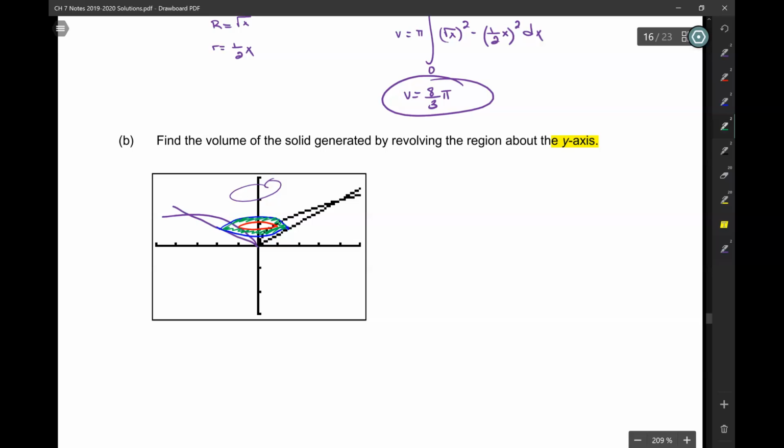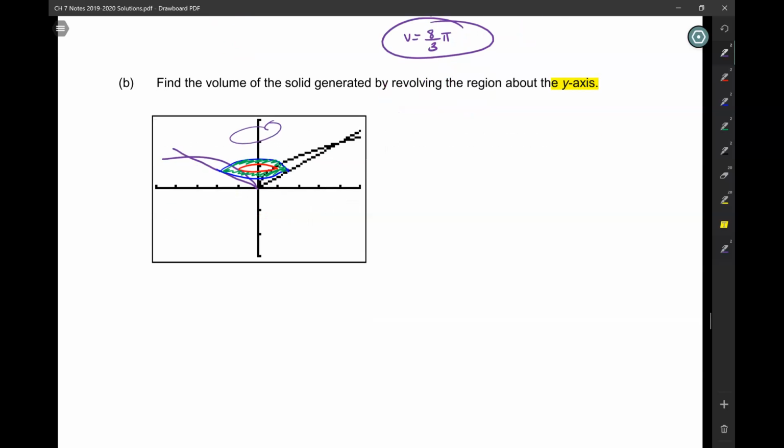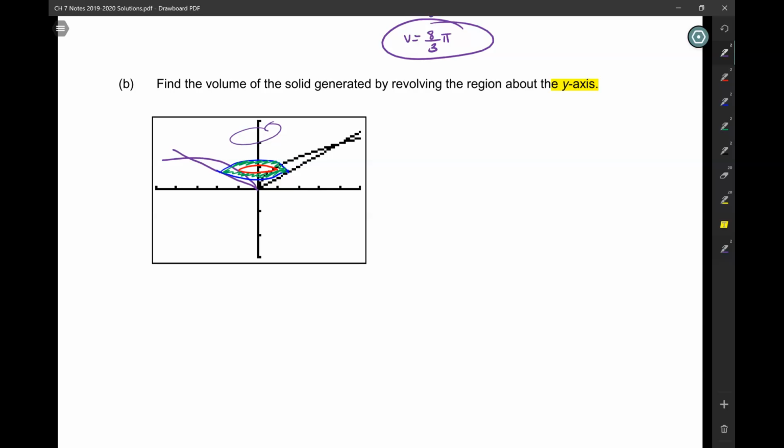Now, when I'm revolving on the y-axis, it has to look different. It has to be with respect to y, so I have to change everything with respect to y. If this one was y equals root x, then this is x equals y squared.